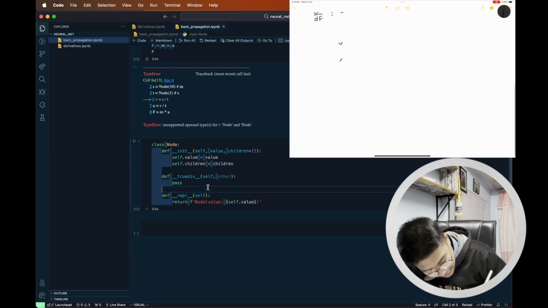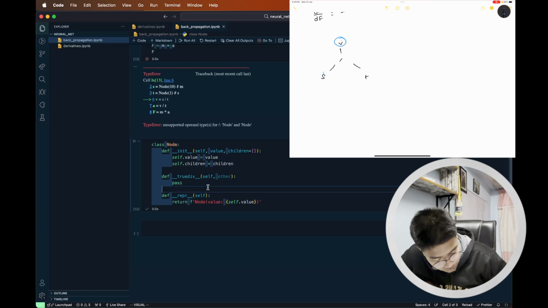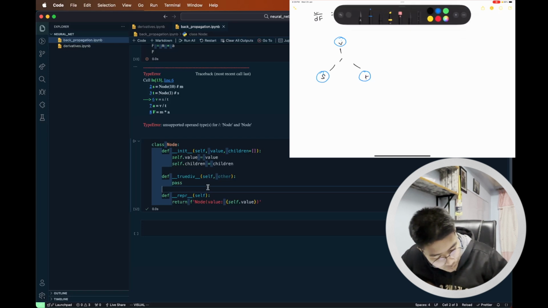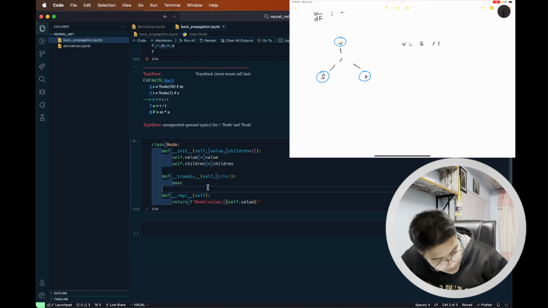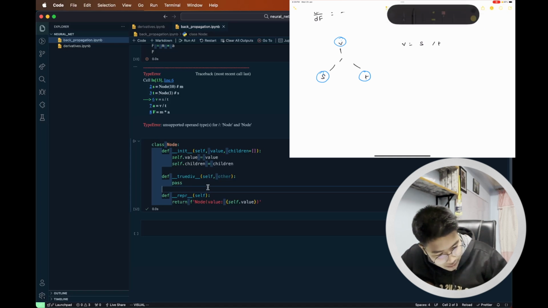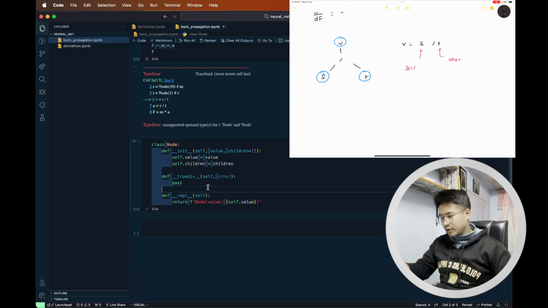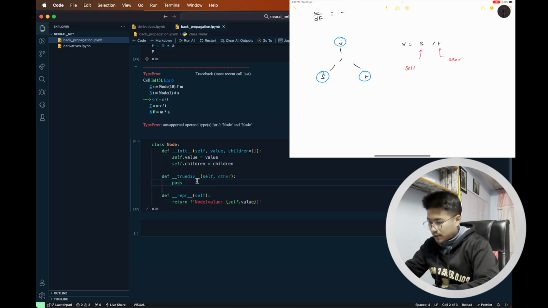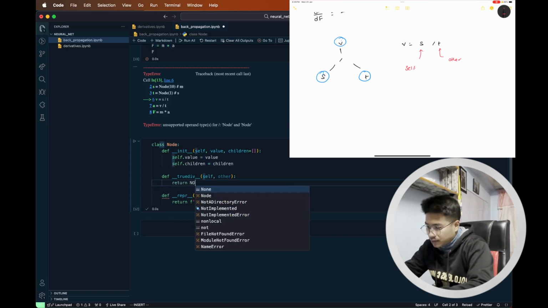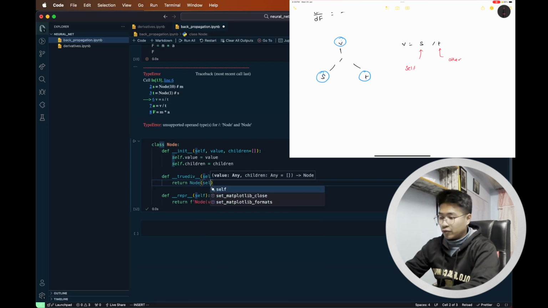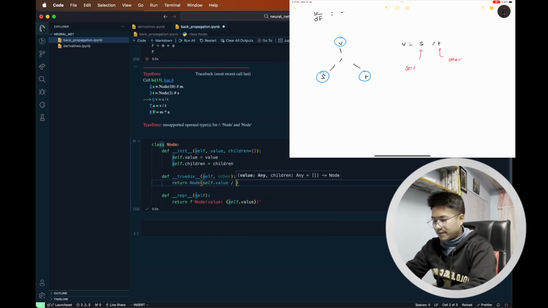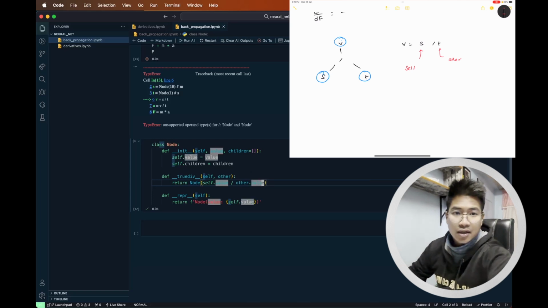V is basically the division of S and T. So when you write this out, you'd write V is equal to S divided by T. So this guy over here will be the self, this will be the other. So how do you divide the node? The way you do that is you'll return a node, and the value of that node would be self dot value divided by other dot value.